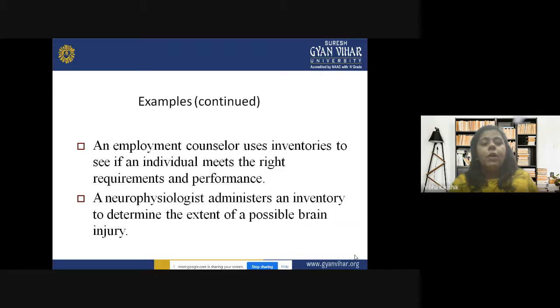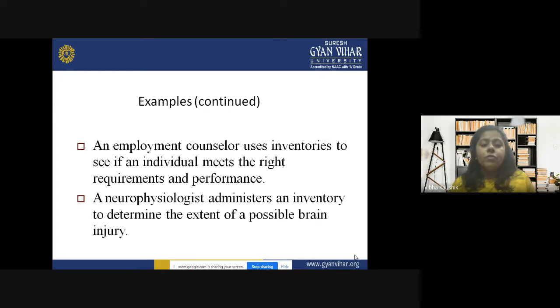Examples continue. An employment counselor uses inventories to see if an individual meets the right requirements and performances. An employment counselor, a counselor who is there to give the students employability help, uses inventories to see if an individual meets the right requirements or performances or not.